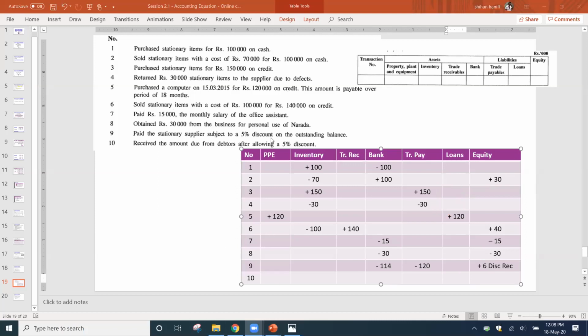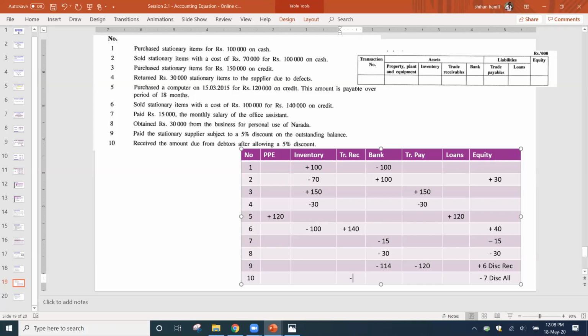Then the last one, number 10. Receive the amount due from debtors after allowing 5% discount. Now we have only one transaction for trade receivable, 140. So from 140, we are allowing 5%. 10% is 14, 5% is 7. So discount is 7.